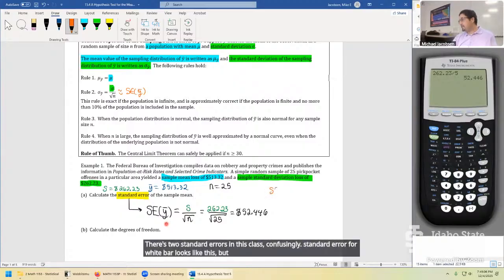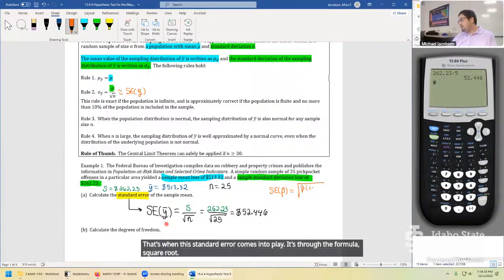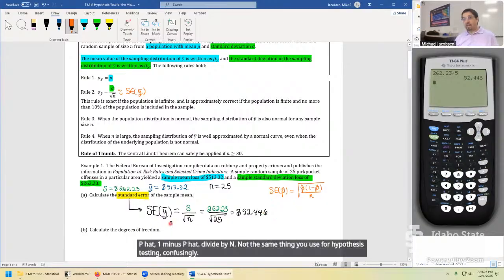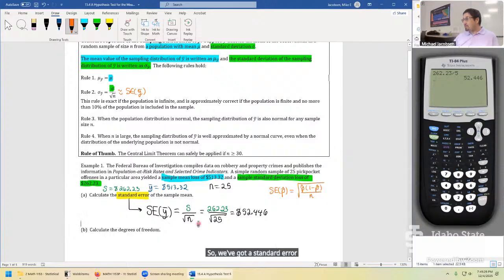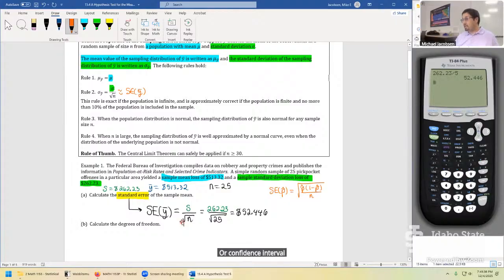If the data was categorical and we're doing a confidence interval, that's when the other standard error comes into play, through the formula square root of p hat times 1 minus p hat, divided by n. It's not the same thing you use for hypothesis testing, confusingly. I like quantitative data because you use the same exact formula whether it's a hypothesis test or a confidence interval analysis. Any questions at all with standard error?